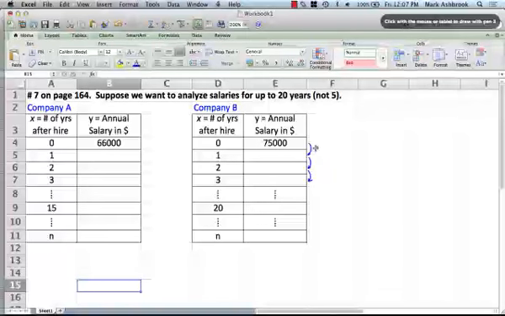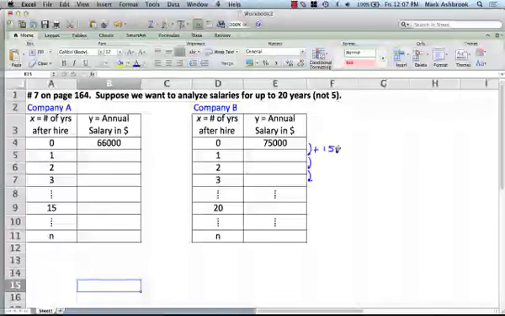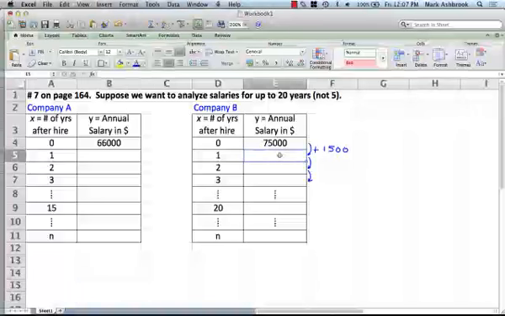So, we're adding to what? The output or the input? To get the next output. All right, so what's the salary after 1 year?